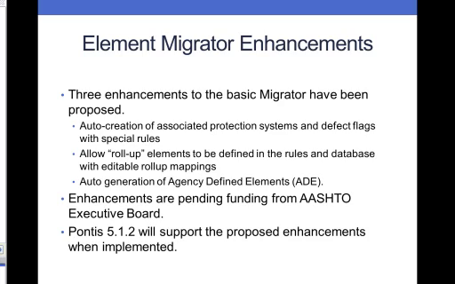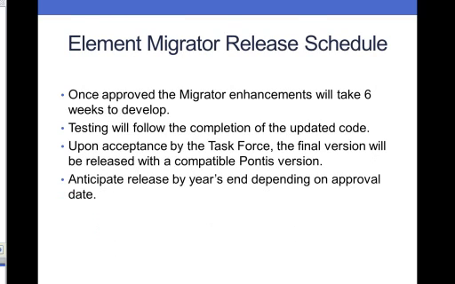Now, as far as the schedule for this migrator, as I mentioned, we're still working on finalizing the rule set, and that's an ongoing effort. It should take a few more weeks. The actual development of the enhancements is anticipated to take about 6 weeks once we get approval, and that would also include the funding approval that I mentioned earlier.